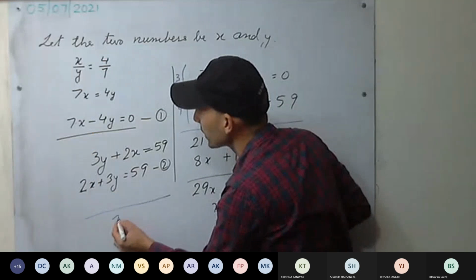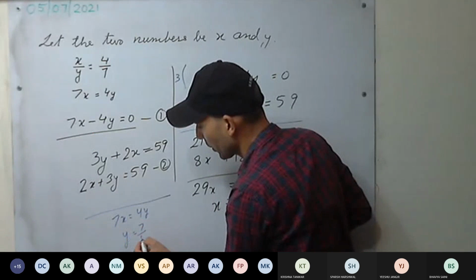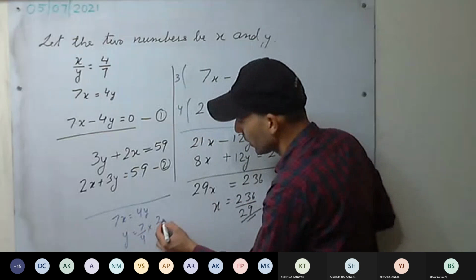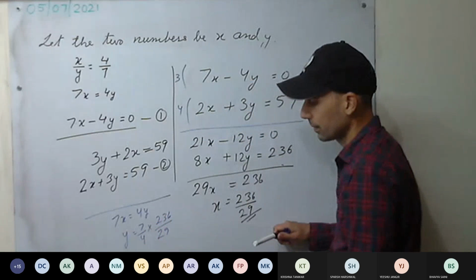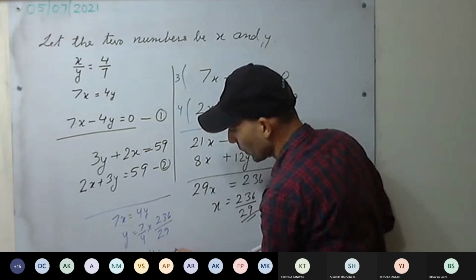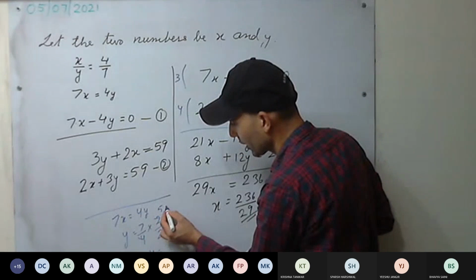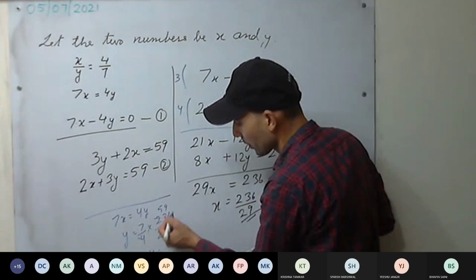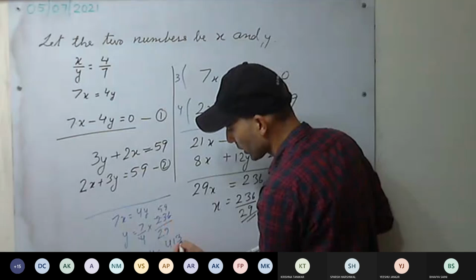Value of y: 7x equal to 4y, so y equal to 7 upon 4 into x, that is 236 upon 29. They are getting cancelled. Y equal to 4 by 20, 36, 9. Okay, 4 and 4, and 3 upon 20.